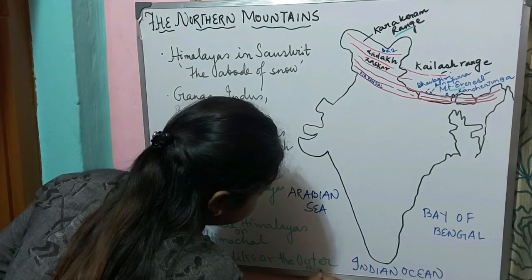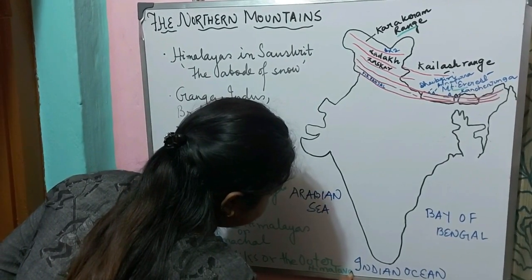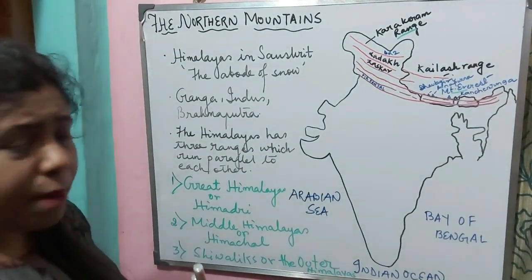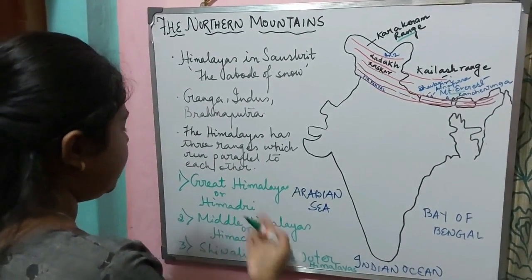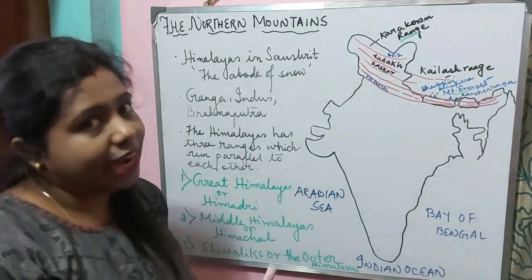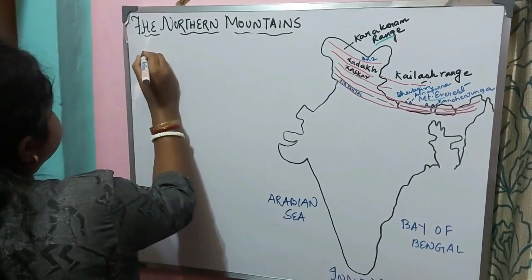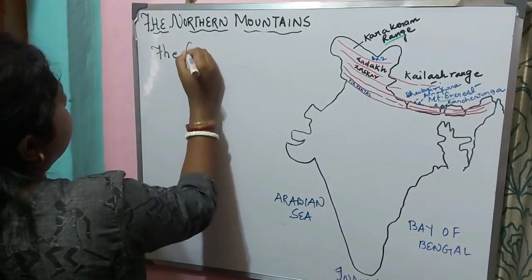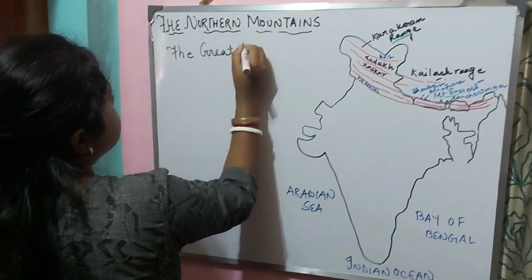Now, let us know about these ranges: Great Himalayas, Middle Himalayas and the Shiwaliks. Let us move ahead. So let us first know about the Great Himalayas.